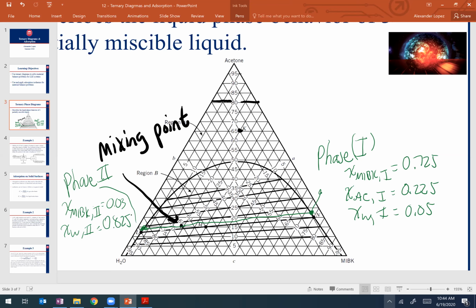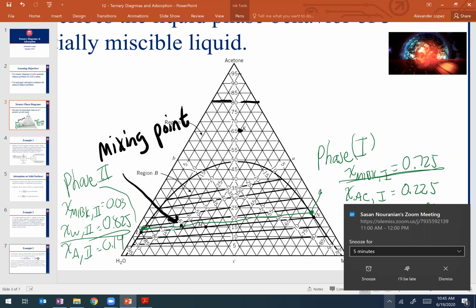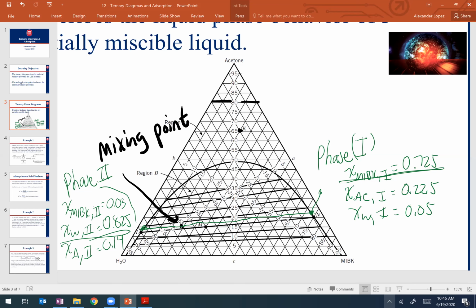And then the acetone will be the rest, around 14, 15 mole percent, right? And so I've got an MIBK phase here and then a water phase here, where the acetone is going to be split between these two phases.